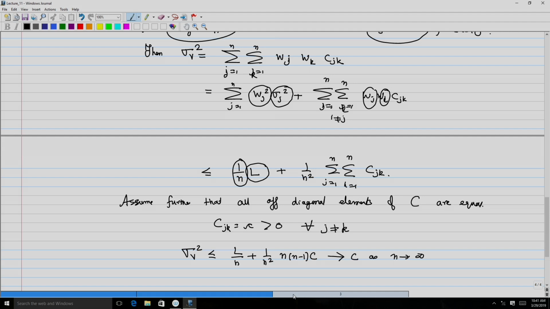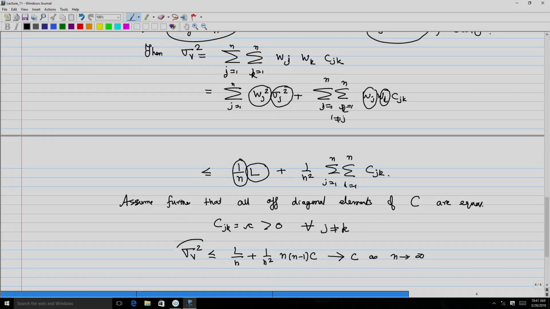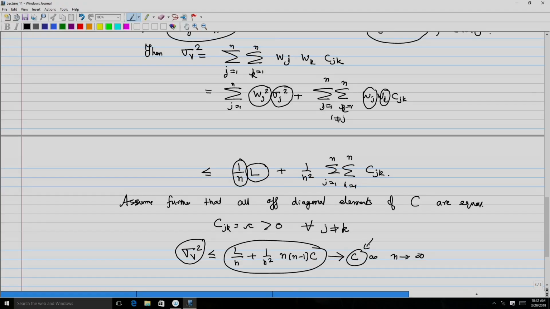So, this illustrates the point that I was trying to make. The overall variance of the portfolio is bounded by this quantity which tends to c, which is contingent only on the covariances of returns of different assets, with no role showing up explicitly for the variances of each of the individual assets, namely sigma_j squared.